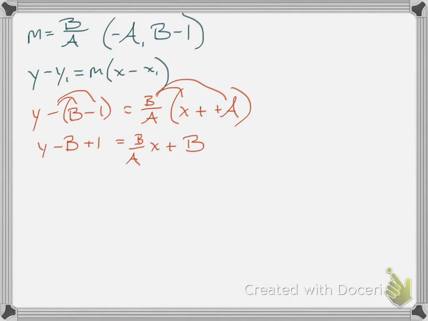So now isolate y to put it in slope-intercept form. I'm going to add the b and subtract the 1. They cancel out here, so I'm left with y equals b over a x plus 2b minus 1.